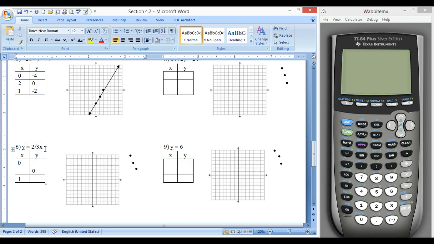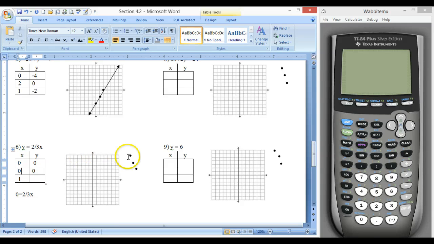0 here becomes 0 times 2/3, which is 0, which makes y equal 0. And here, put in a 0 for y, and I have 0 equals 2/3 x. To solve for x, I divide both sides by 2/3, and 0 divided by anything is 0.